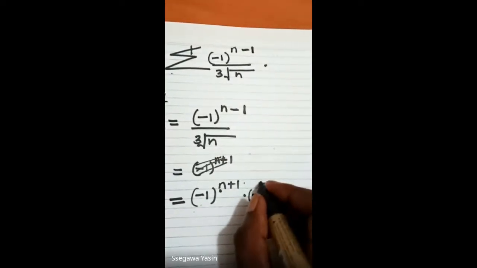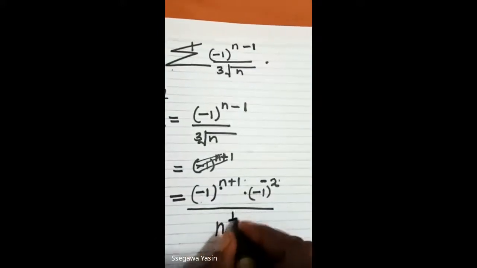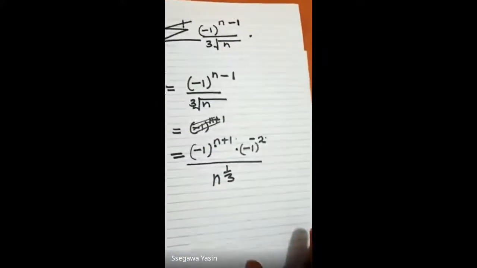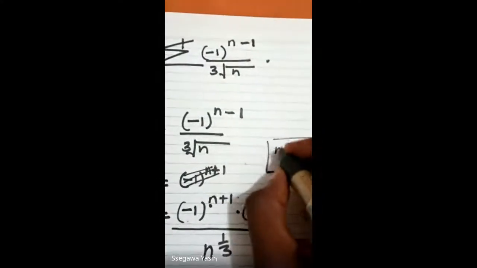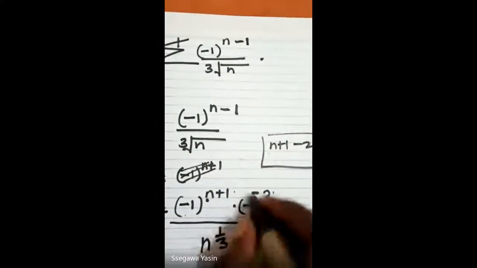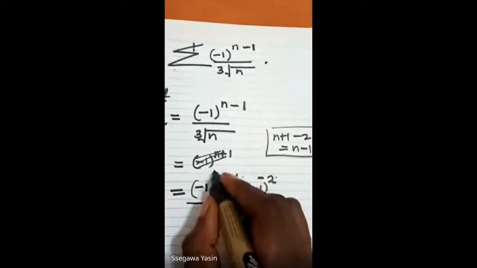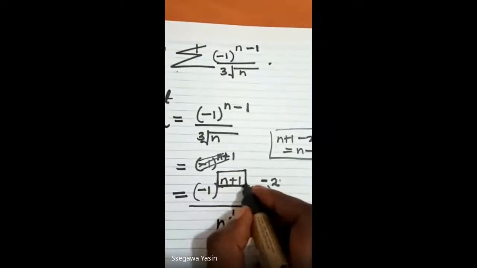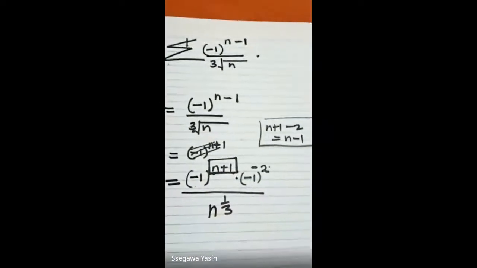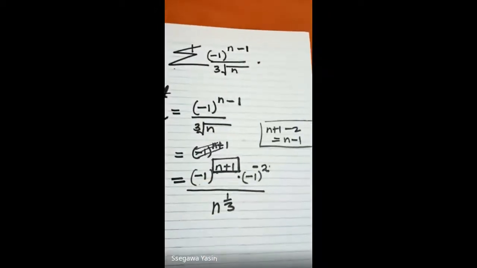So what I've done, I want to be able to add back these powers so that when I add n plus 1 minus 2, these powers, I get back to n minus 1. So you have to generate possible ways of maintaining this guy available, irrespective of the power given. And also you must make sure that this one is negative 1, irrespective of anything given.